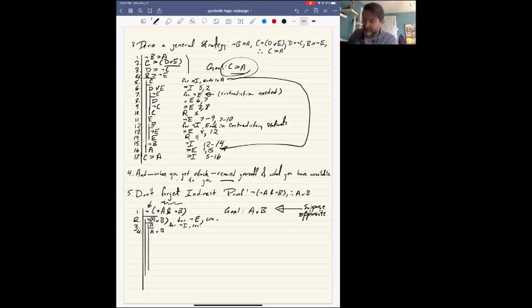So if we have A, we can assert A or B via disjunction intro from 3. At step 5 then, we can reassert not A or B via reiteration of 2. And then what we've ended up with there is not A via negation intro 3 through 5. All right, so we got not A.